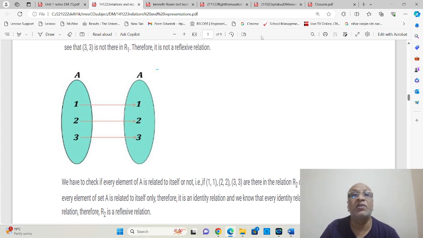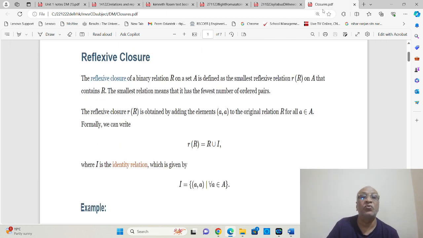Once we could connect with a reflexive relation, let us look at reflexive closure. Now, how do I find the reflexive closure? It is called the smallest reflexive relation R_R on A that contains R. The smallest relation means the fewest number of ordered pairs.